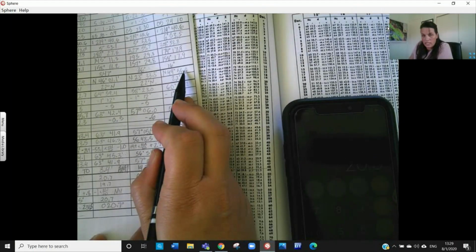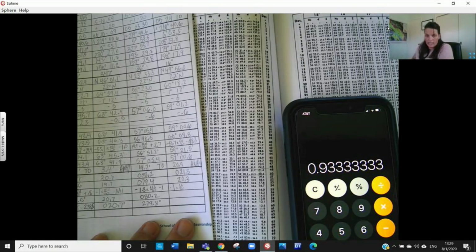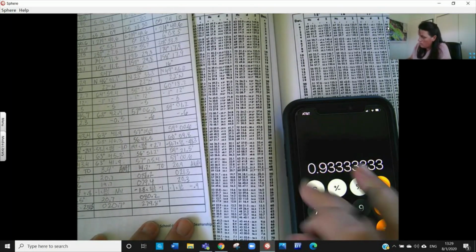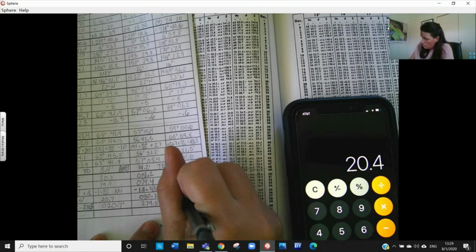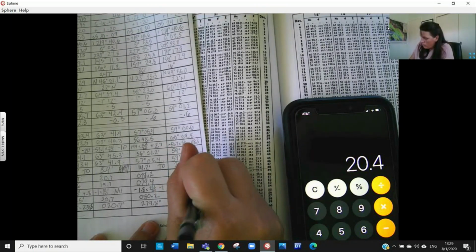That's from my declination, about 0.9. So I'm going to be subtracting 0.9. 21.3 minus 0.9 gives me a Z of 20.4.